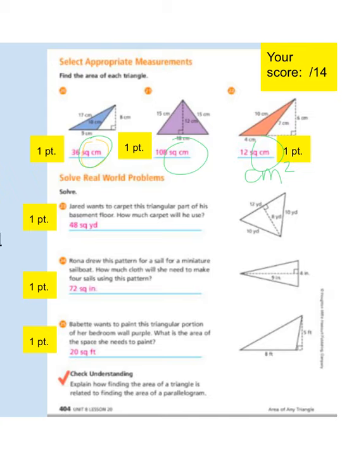Please be careful to make sure that on number 24 that it should be 72 square inches, because you needed to take that amount and multiply it by 4. So if you found the area of this part of the sail, that's only 1. You needed to multiply it to make 4 sails using the pattern.